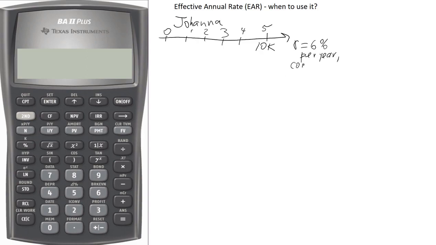And what we also know is that it's compounded semi-annually. Compounded semi-annually. And this is going to be important. Okay, so what do we need to find here?